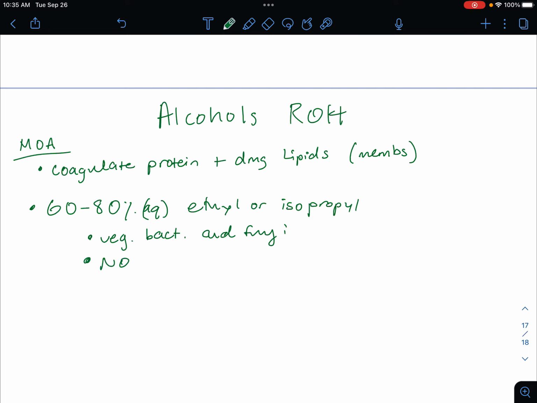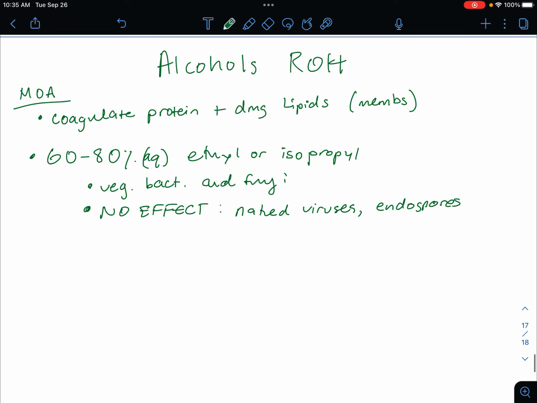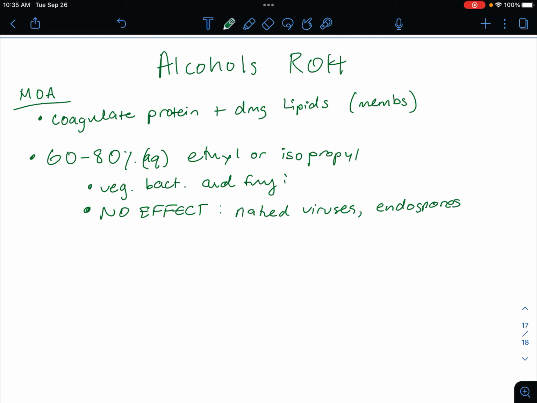No effect on those resistant endospores, as well as naked viruses, or viruses that aren't enveloped in anything. So naked viruses, and those are extremely resistant, so alcohols aren't going to affect them.